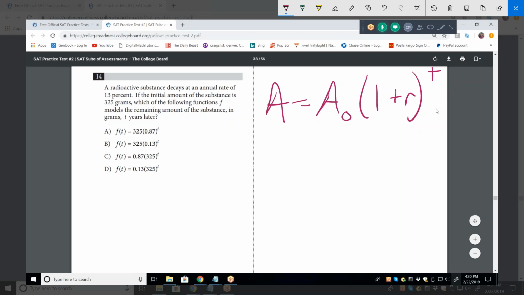You won't find anything in nature that compounds annually. Everything in nature compounds continuously, or it decays continuously. So the real formula is this one, which is for continuous.